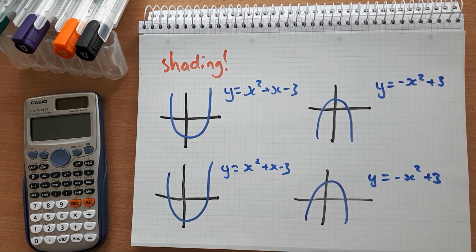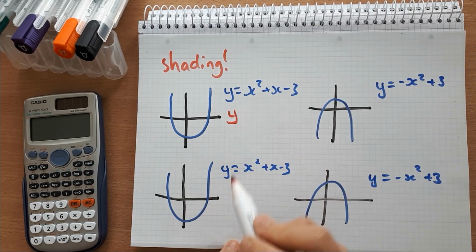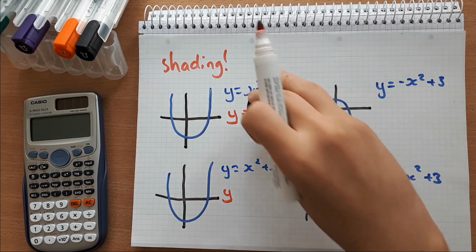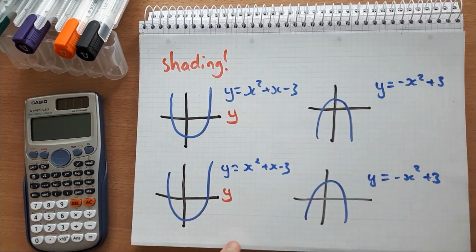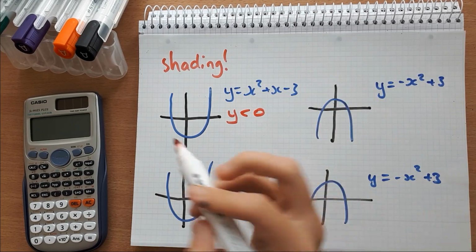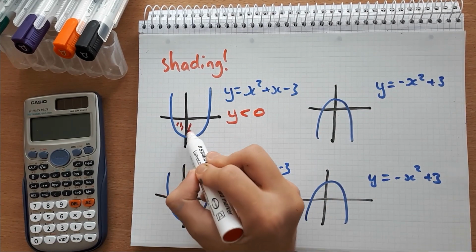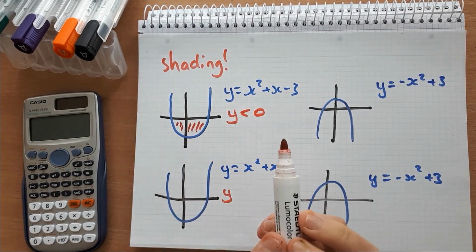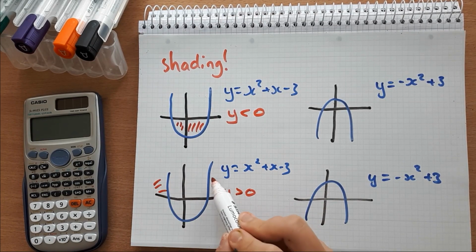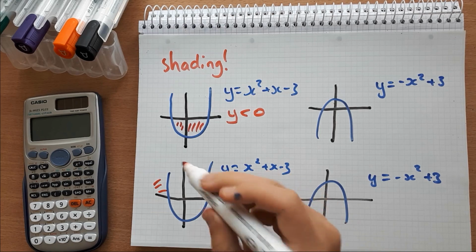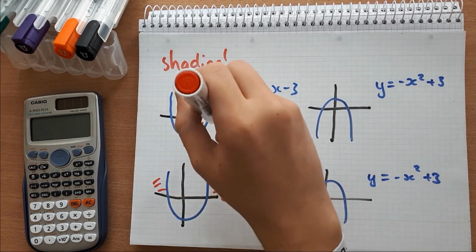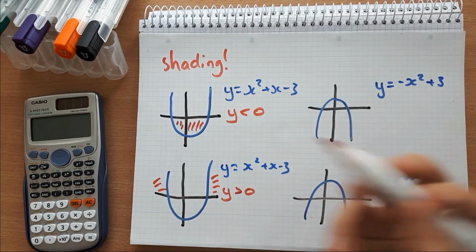If we're looking for whenever y is less than 0 on a positive curve, y is always less than 0 inside this bit here, and y is always greater than 0 outside this bit here. That comes from obviously when you draw your lines, and from here it's that way, and from here it's that way, and then in here it's in there and in there, or that bit of the curve there.